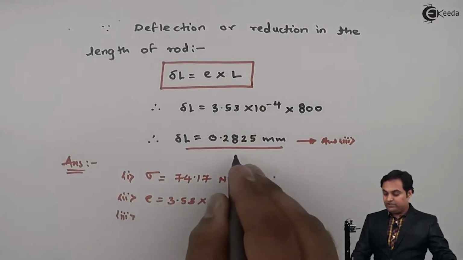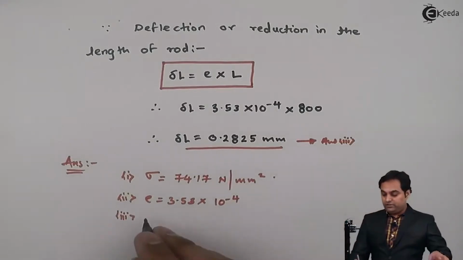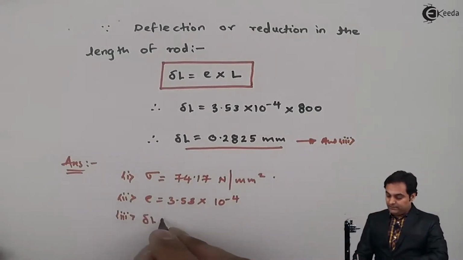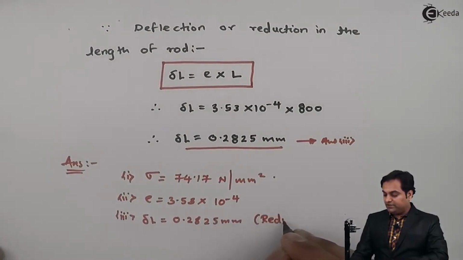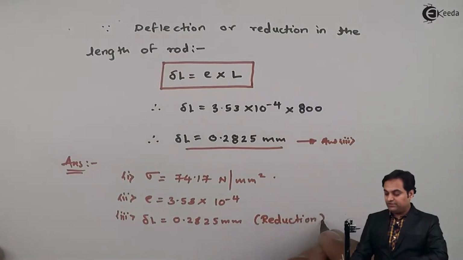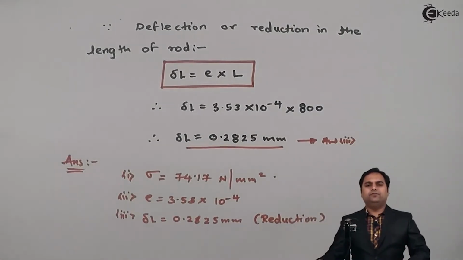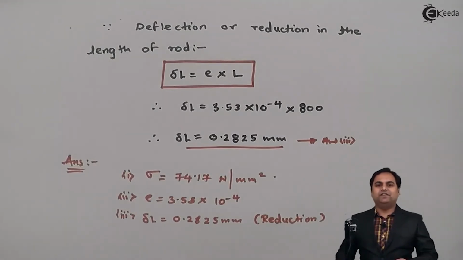And deflection, that is the reduction in length, we have got it as delta L is equal to 0.2825 mm. Here into the bracket I'll write down it as reduction, that is the reduction in length. So here in this video we have seen how to calculate stress, strain and reduction in length of a rod.